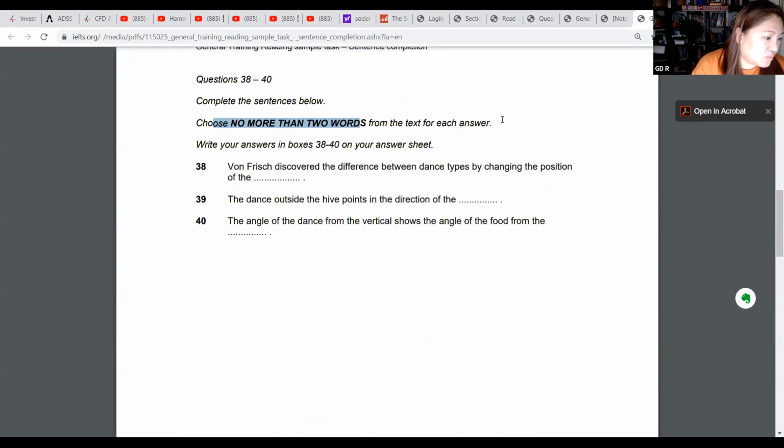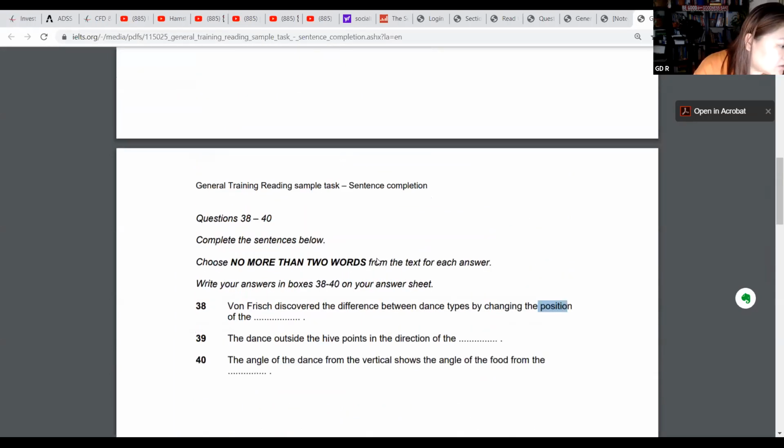No more than 2 words from the text. So write your answers in the boxes 38 to 40. Von Fitch discovered the difference between dance types by changing the position of the. So you have to look for words or synonyms. Look for Von Fitch, then dance types and position maybe. So go back to the passage and look for that.